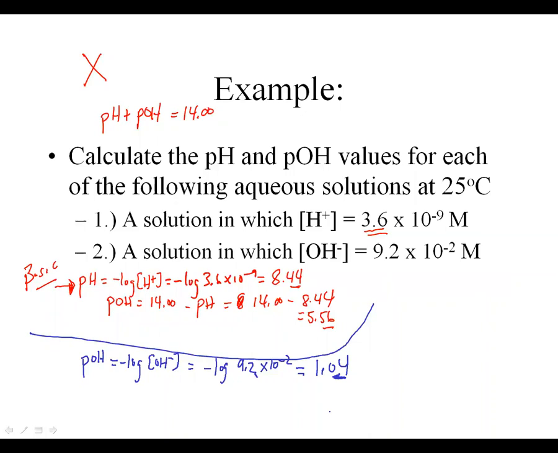And that's going to give us 14 minus 1.04. And that will get us 12.96. And that would be our pH.